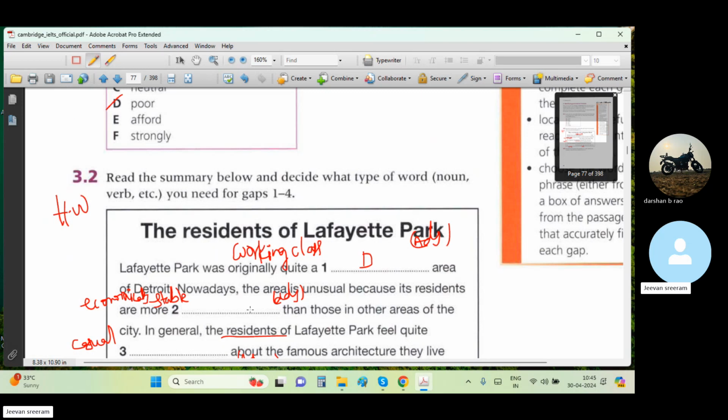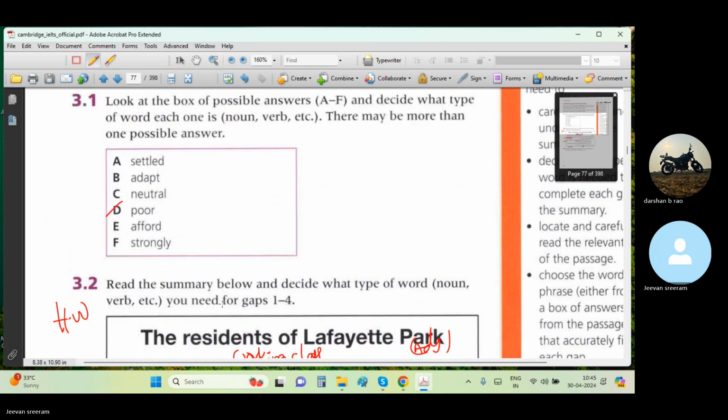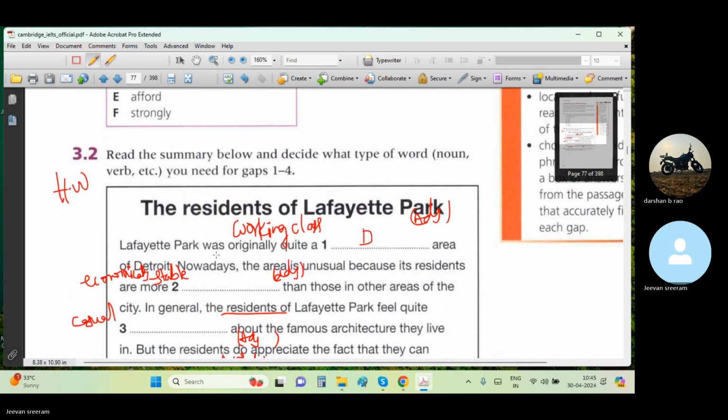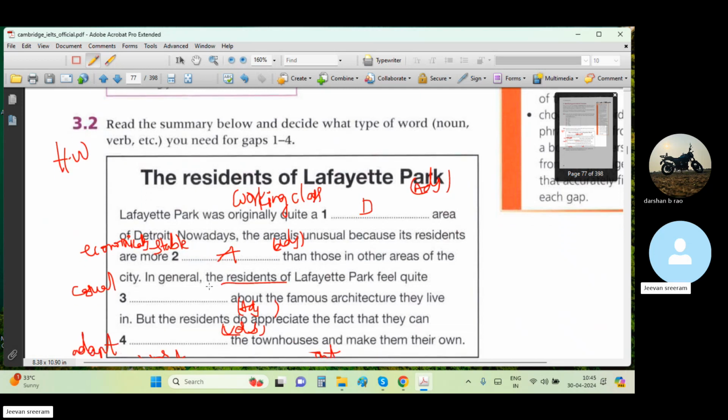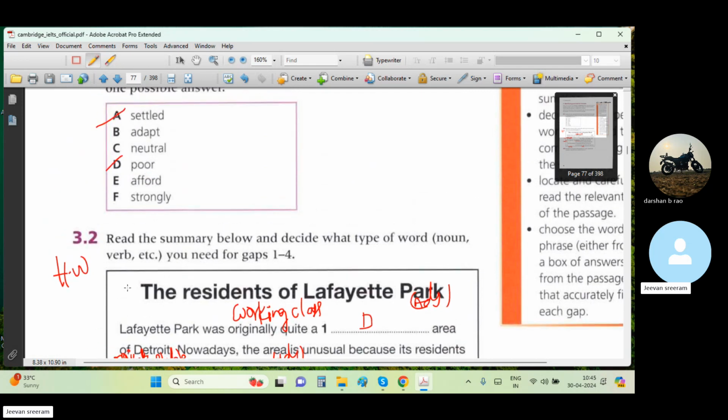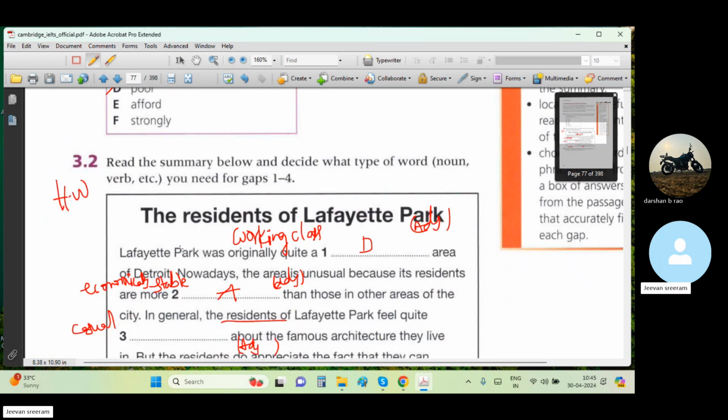Economically stable, which is giving the same sense, right? Is it adapt? No. Settled, more settled. Sorry. Third one, casual. Casual attitude. Neutral. Yes. C.